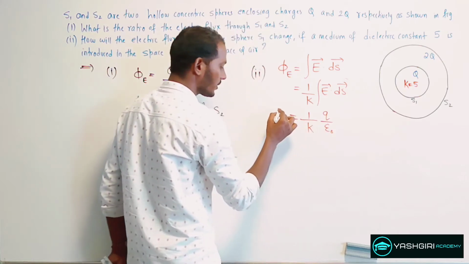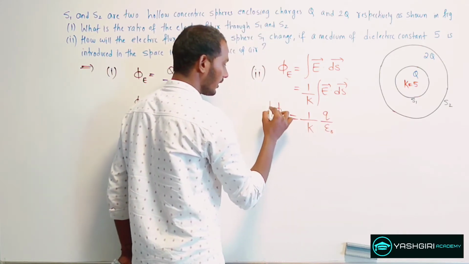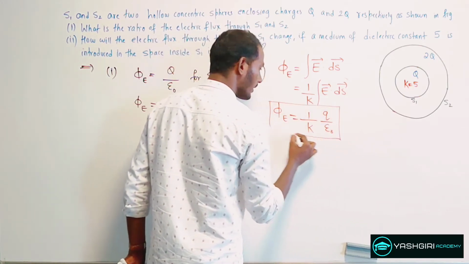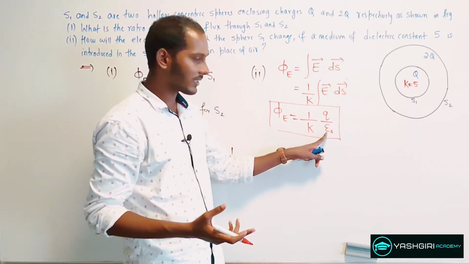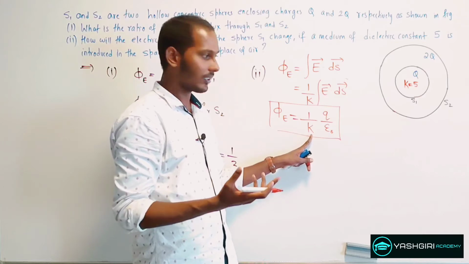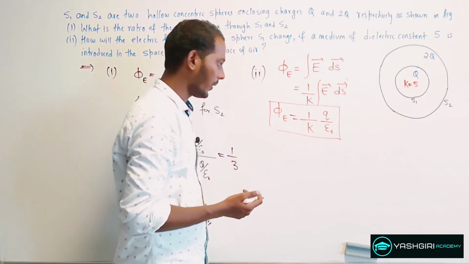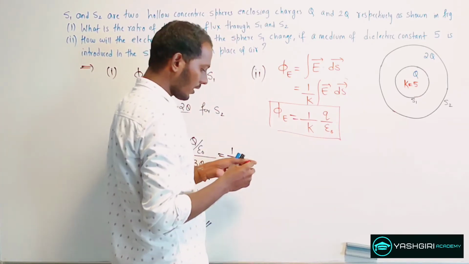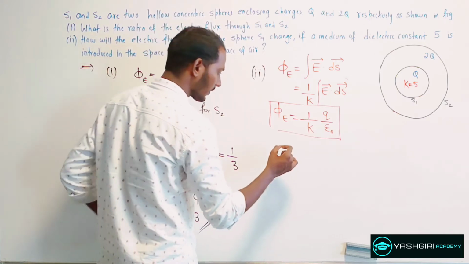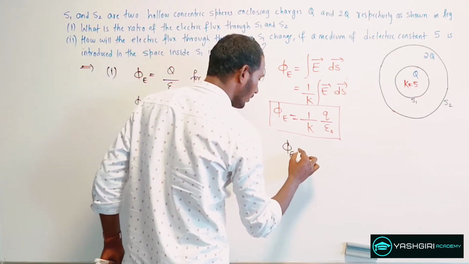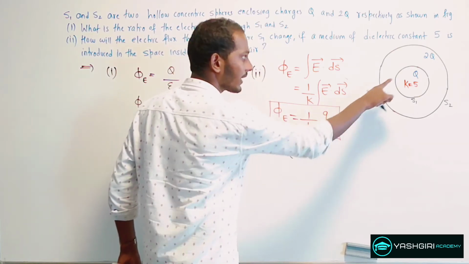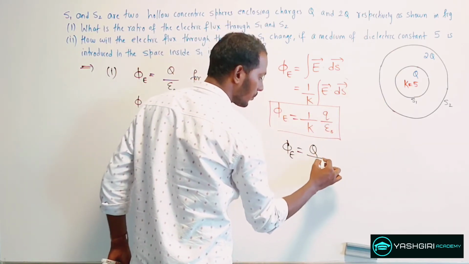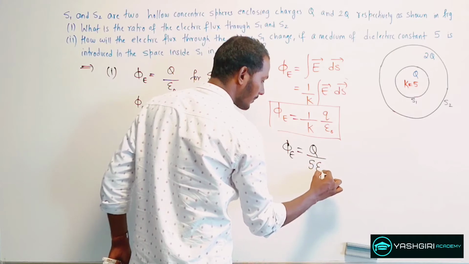So the only modification to Gauss's law is that when you have a dielectric medium, you just multiply the denominator with K. That is the change in the equation. Now here the flux phi of E will be equal to, the K value is 5 and Q is capital Q, so this will be Q upon 5 times epsilon naught.